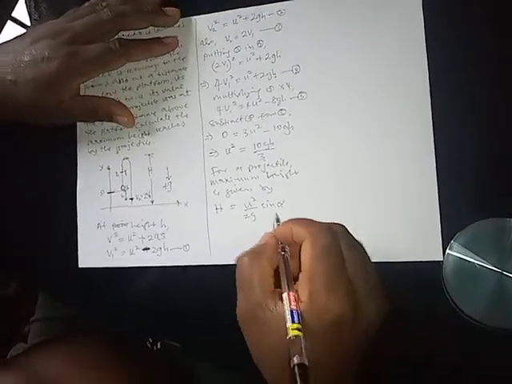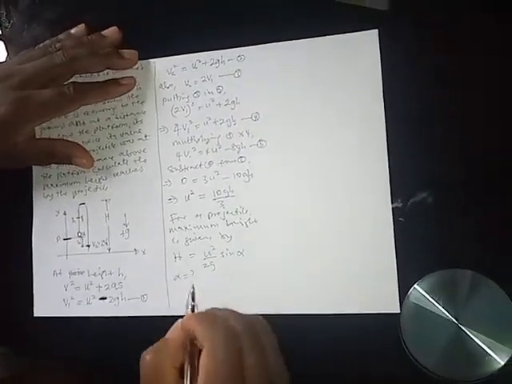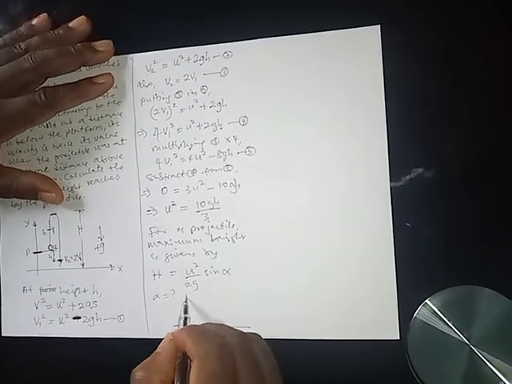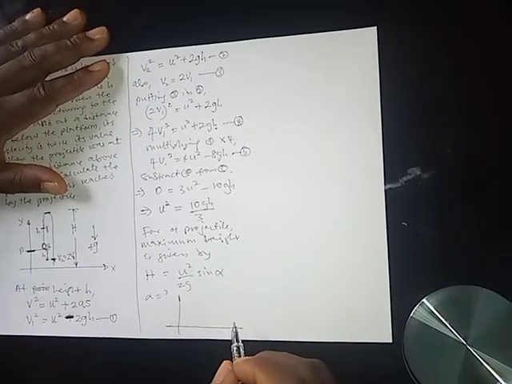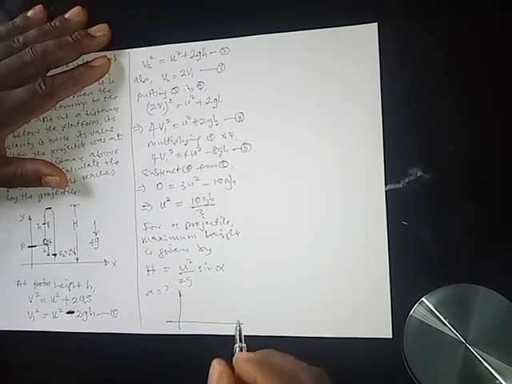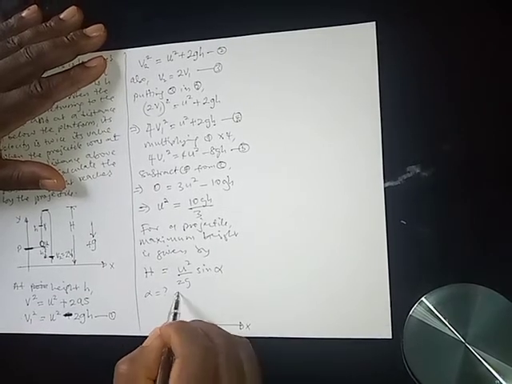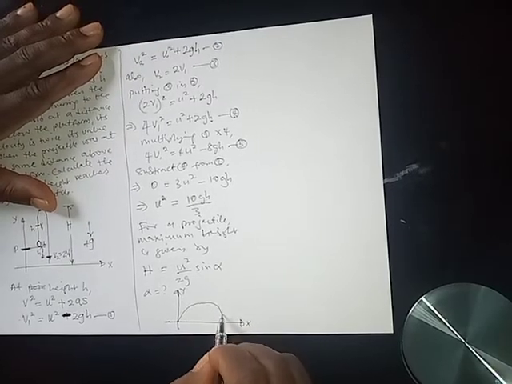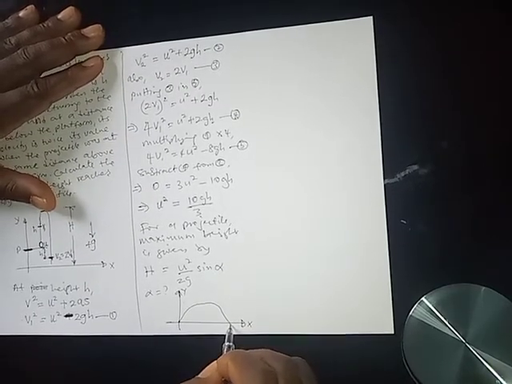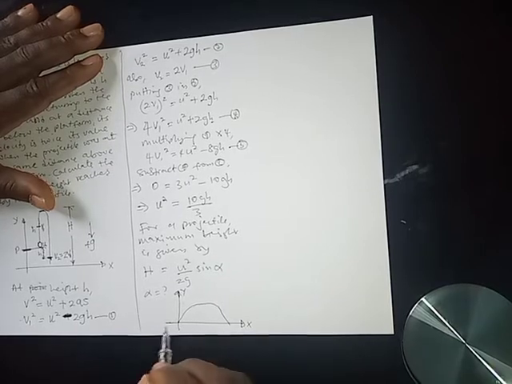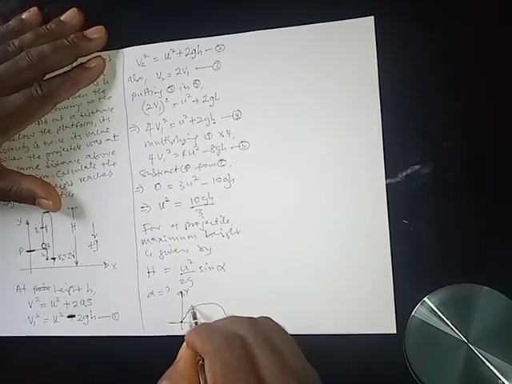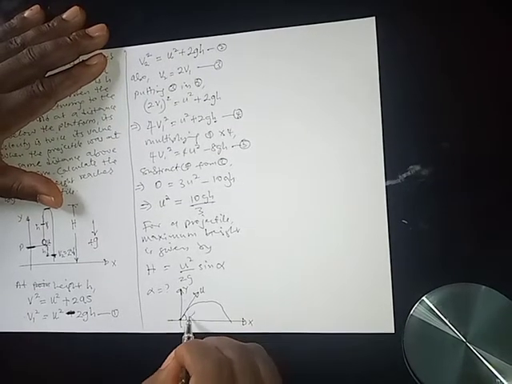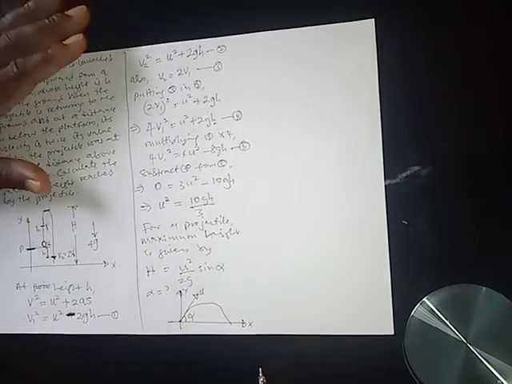But what is this alpha? We can illustrate it here by giving a basic projectile illustration. This is the x-axis, this is the y-axis. Then we have the projectile motion represented by its trajectory this way, where we have the initial velocity vector u, which is making an angle alpha with the horizontal.